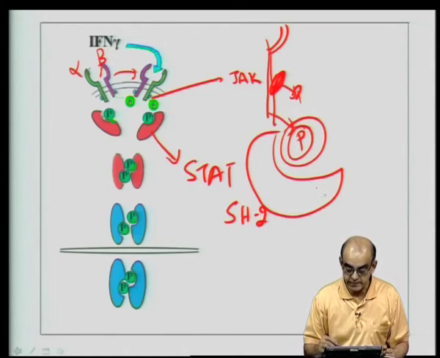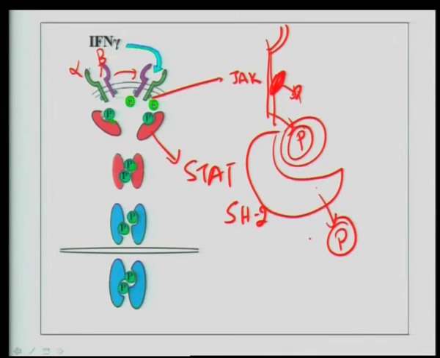Once there is proximity, the STATs get phosphorylated on the tyrosine residues, and this is what is seen over here. And these phosphorylated STAT subunits now start to come together. They come out from there and dimerize. This dimerization event unlocks certain sequences which allow them to go into the nucleus, this being the nuclear membrane.